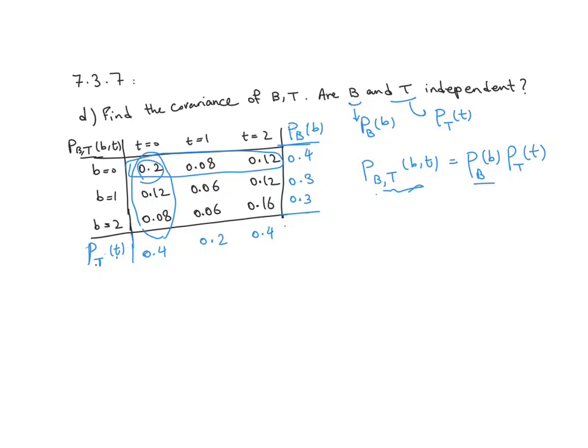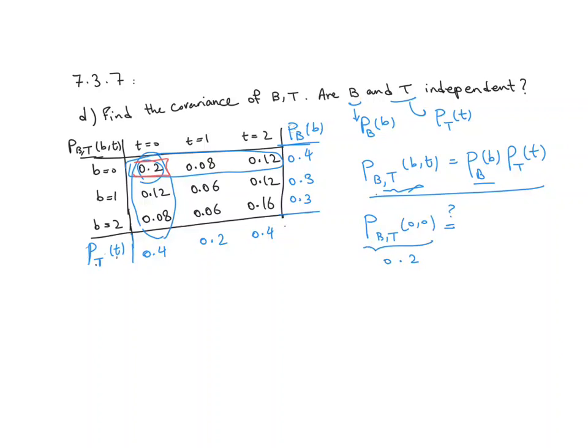If we can find just one value that doesn't follow this formula, then we can conclude that they are not independent. We start with the first value: the probability of B and T at 0 and 0, from the table, is 0.2.